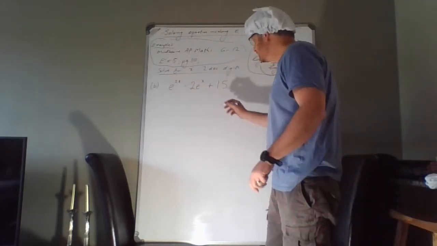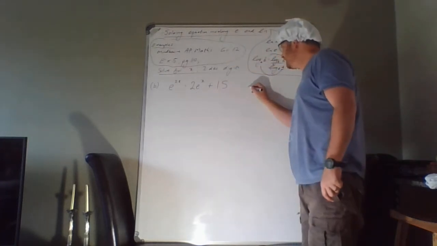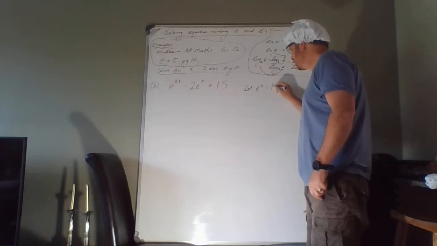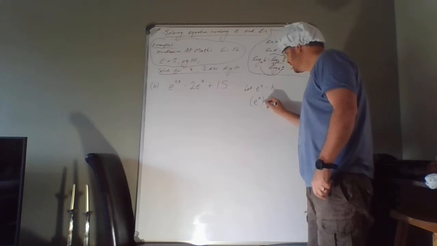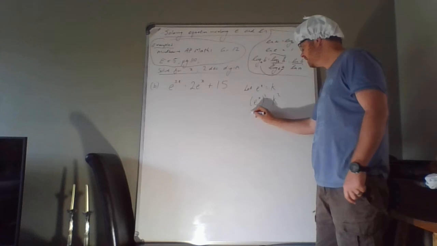Welcome back. Right, so just remember, if we said let e to the x equal k, and say I square both sides of that equation, so I get e to the x squared is equal to k squared.